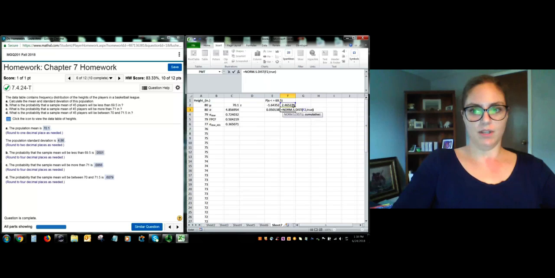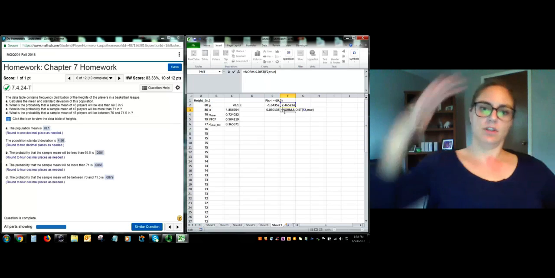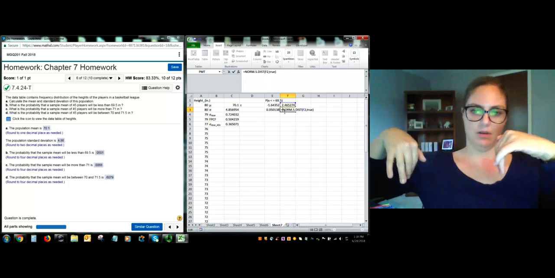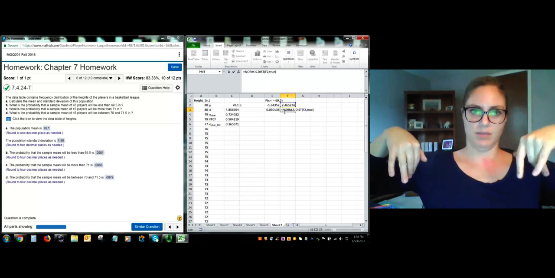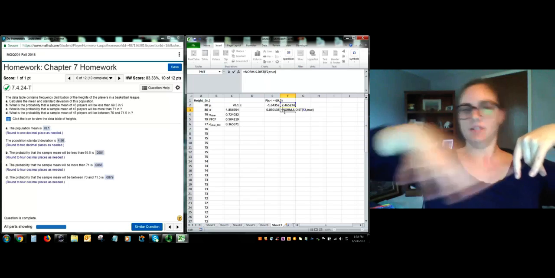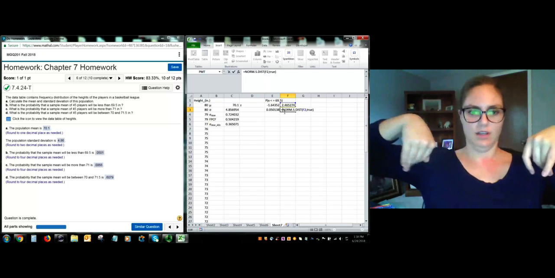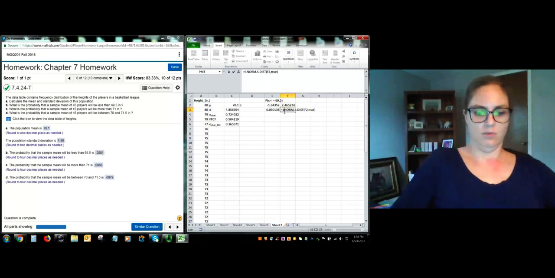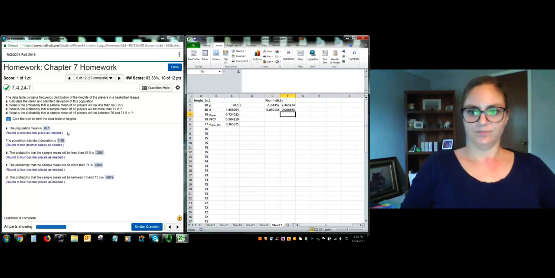Looking at it from a curve, that's everything that falls below it, and I'm interested in what's up here. I know this entire area is equal to 1, so if I know this area and the entire area, I know this area: 1 minus that, which is 0.0068.